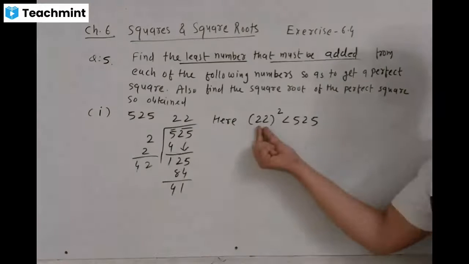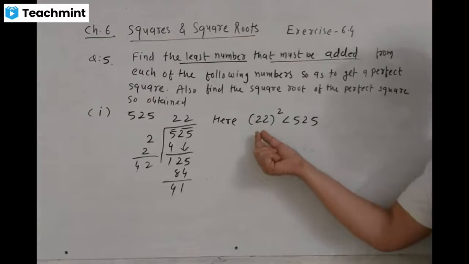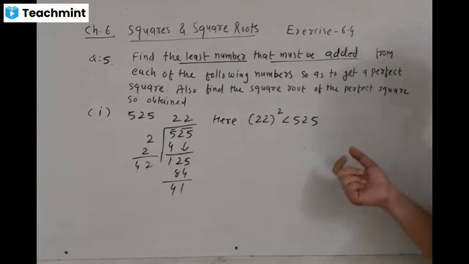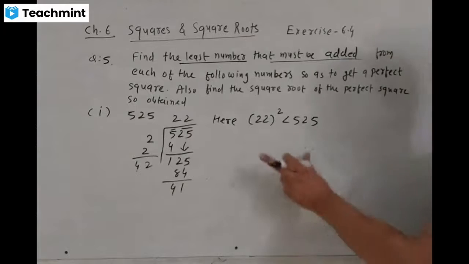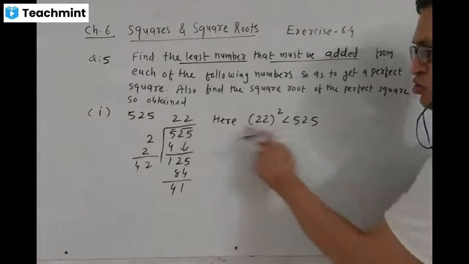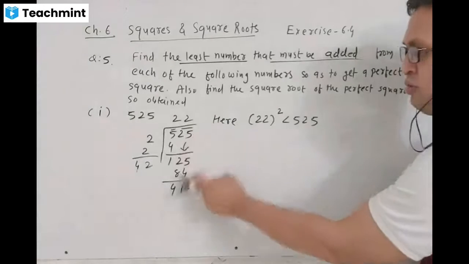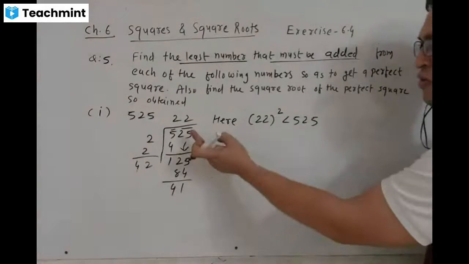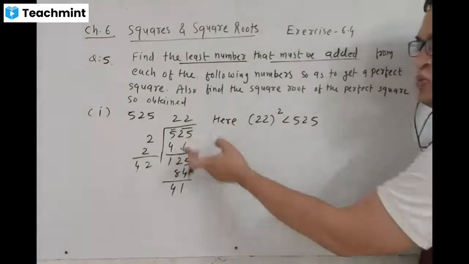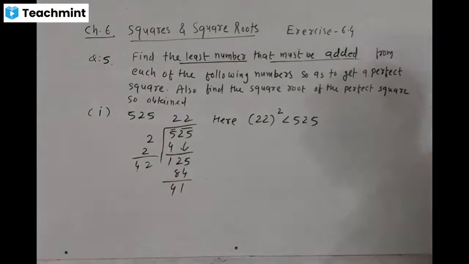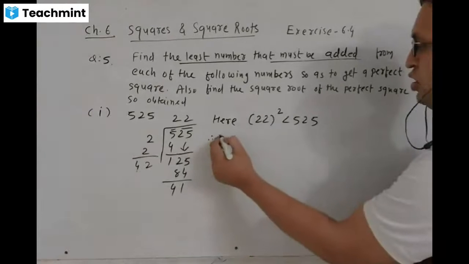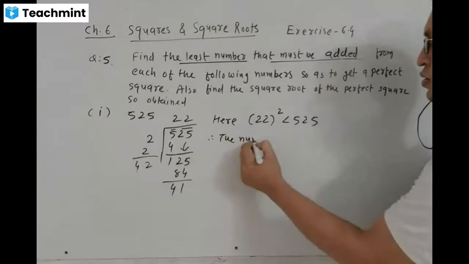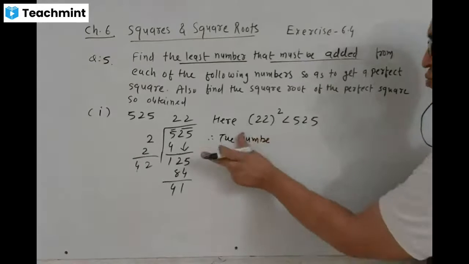Therefore, the next number after 22 is exactly 23.